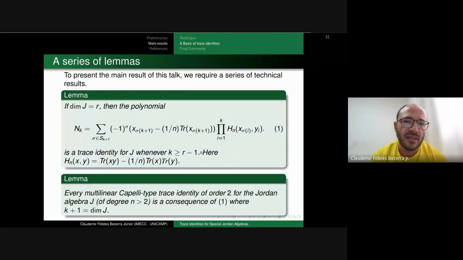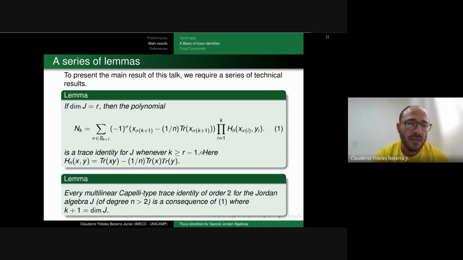Let's move on to the next slide to present the main result of this talk. In this case, we will require a set of technical lemmas, but I brought only two of these lemmas.